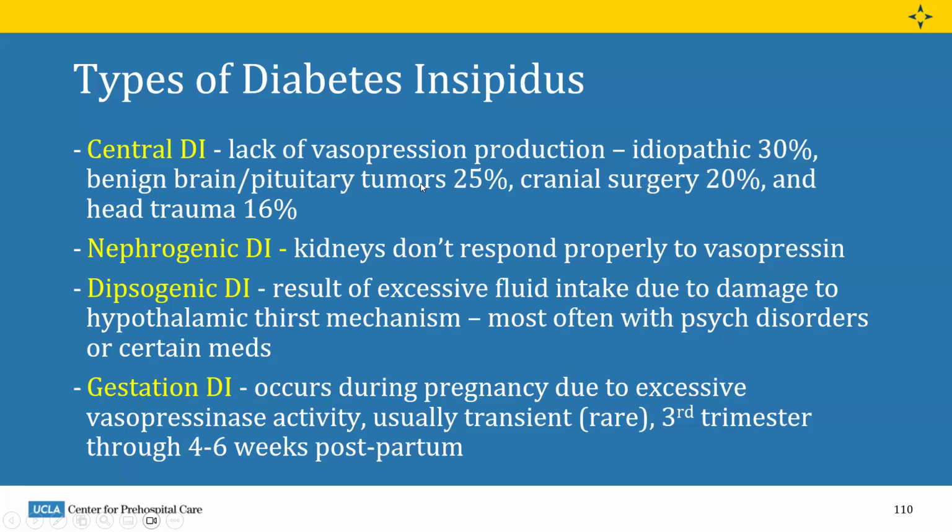Nephrogenic means we make vasopressin, but our kidneys aren't responding to it. Dipsogenic means we're drinking way too much fluid because our thirst mechanism is not functioning and is making us excessively thirsty, so you're having an extreme amount of urination.